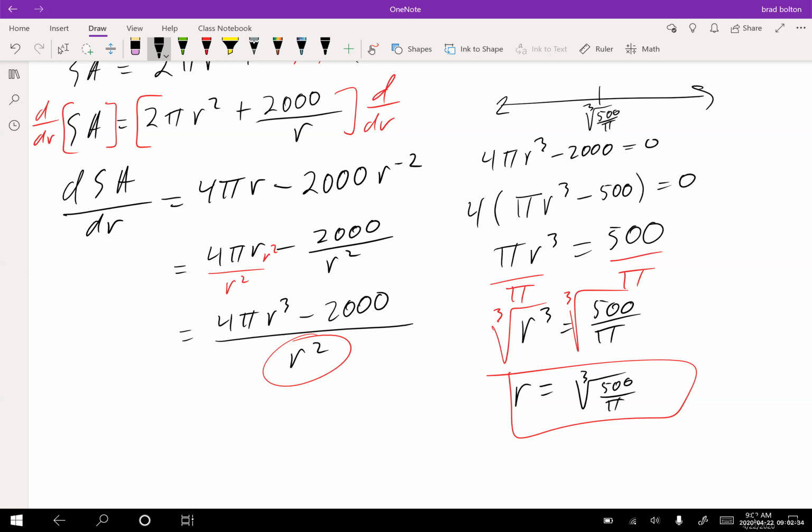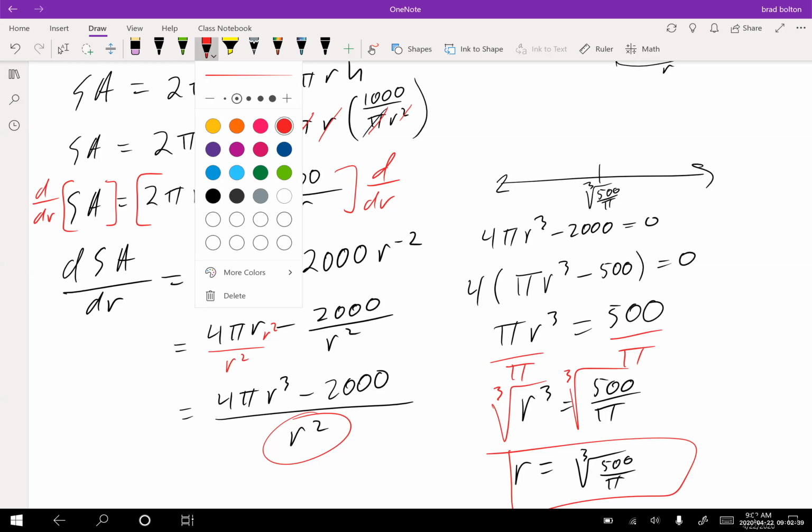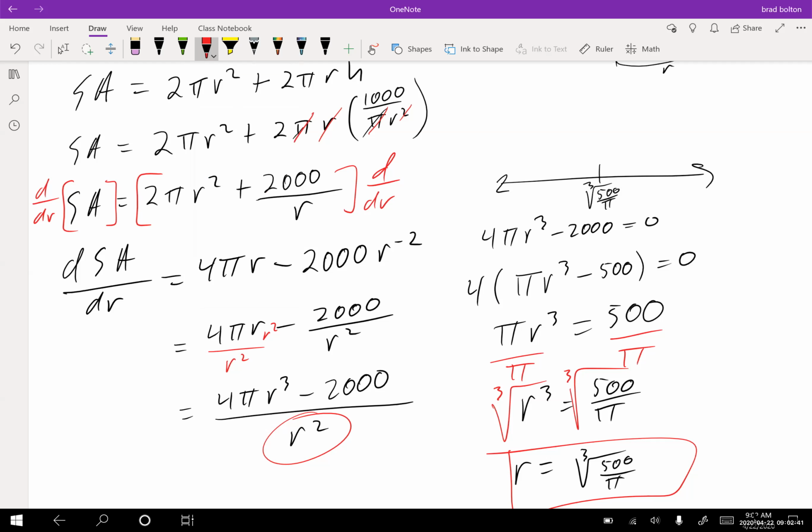Okay, so we're going to test to the left and we're going to test to the right. Let's see here, I'm running out of steam a little bit. So we're trying to minimize. If you find out the cube root, so I'm going to do 500 divided by pi, and I'm going to take that to the cube root.